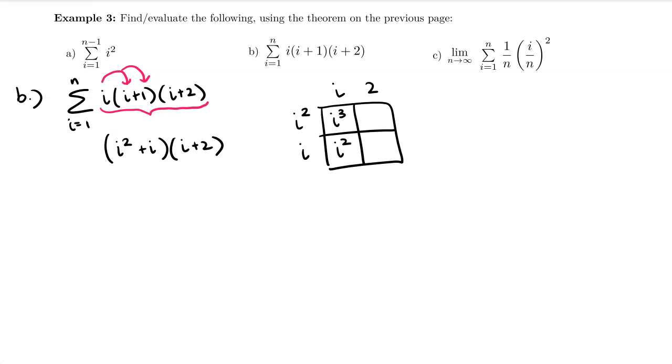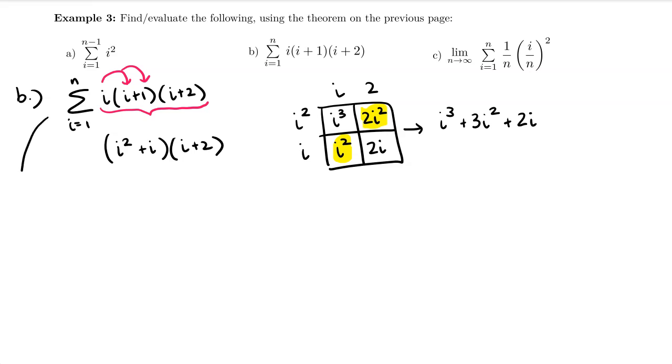I times I is I squared. 2 times I squared gives me 2I squared. And then in my last box, we have 2I. Notice that these are like terms. So if I combine those, then we get I cubed plus 3I squared plus 2I.